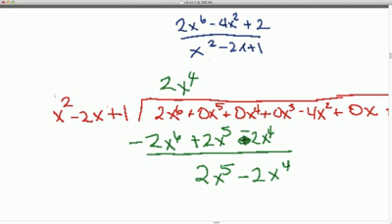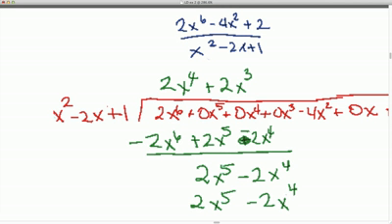And then repeat the process. So then x squared goes into 2x to the 5th a positive 2x cubed times. If you multiply that, you're going to get a 2x to the 5th minus 2x to the 4th, and then a plus 2x cubed.